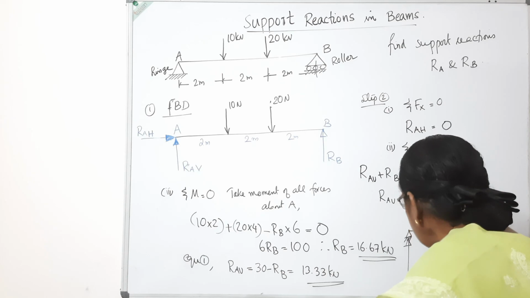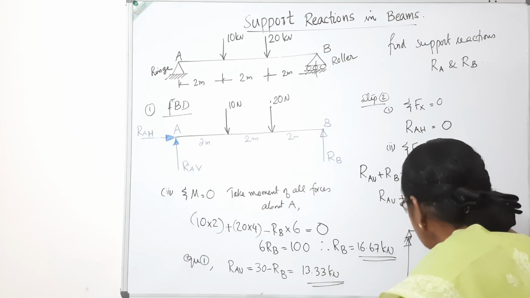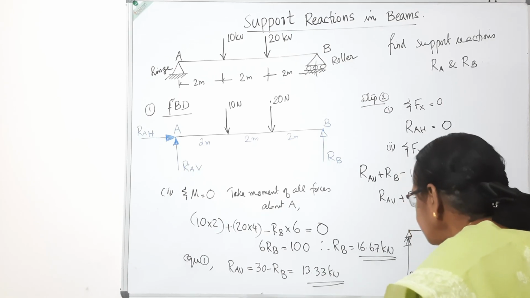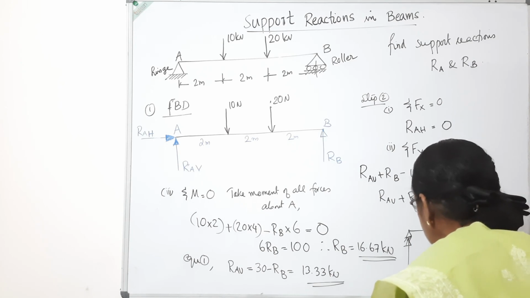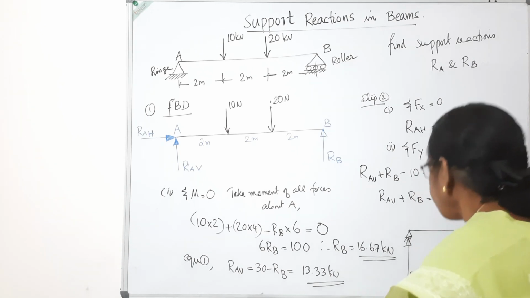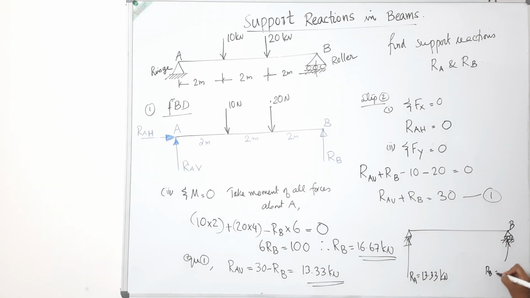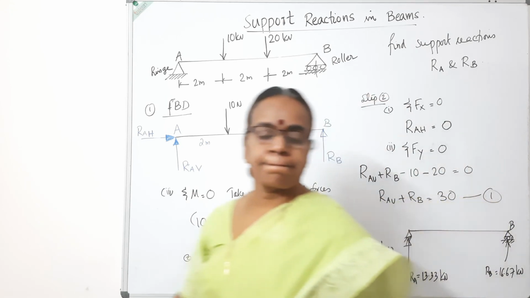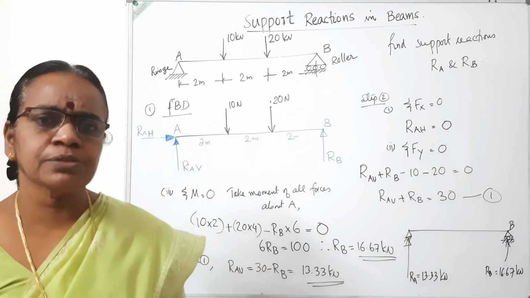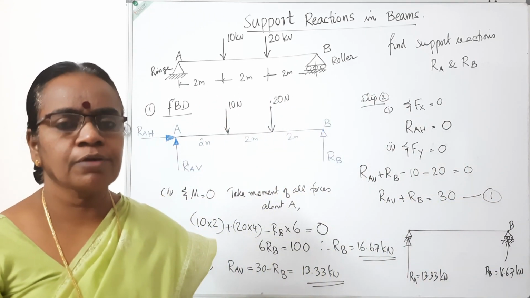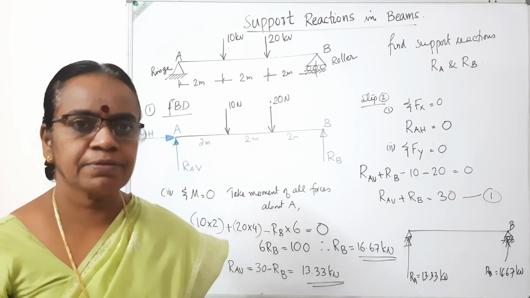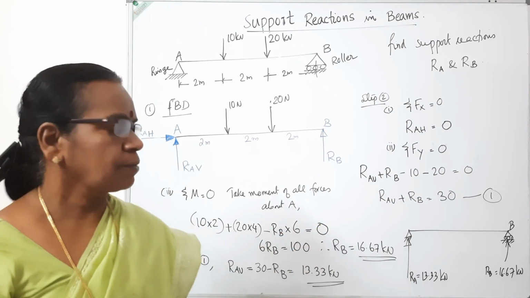This is RA is equal to 13.33 kilonewton, and RB is 16.67 kilonewton. So we have just used sigma Fx equals 0, sigma Fy equals 0 and sigma M equals 0 to solve for the support reactions.